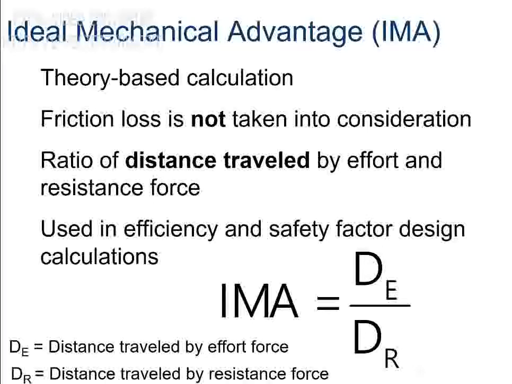Ratio of distance traveled by effort and resistance, and using the efficiency and safety factor design calculation gives us the ideal mechanical advantage equal to distance traveled by the force divided by distance moved by the resistance, and this one is sometimes expressed as velocity ratio.